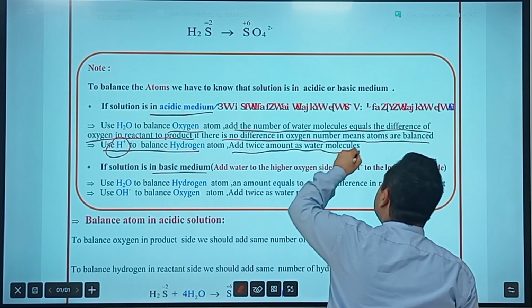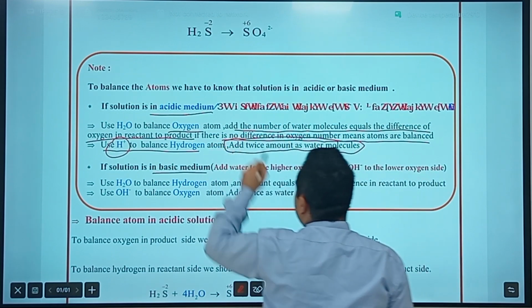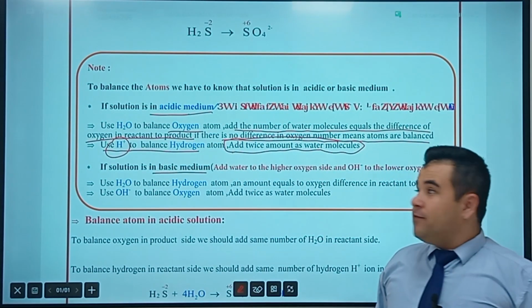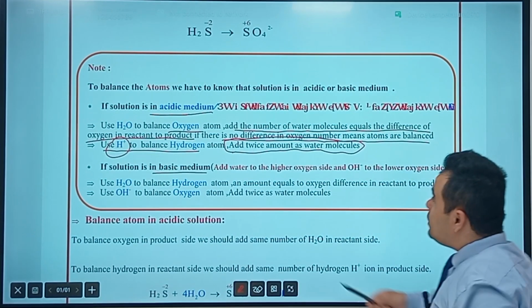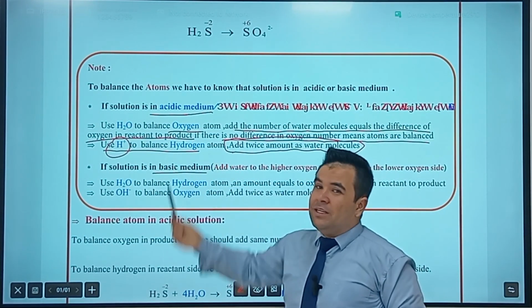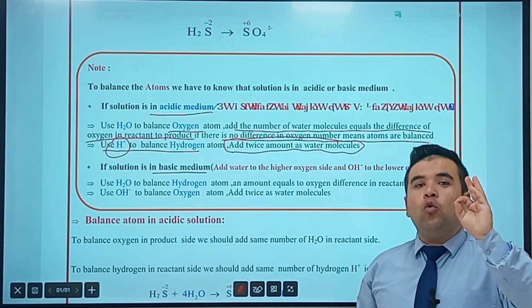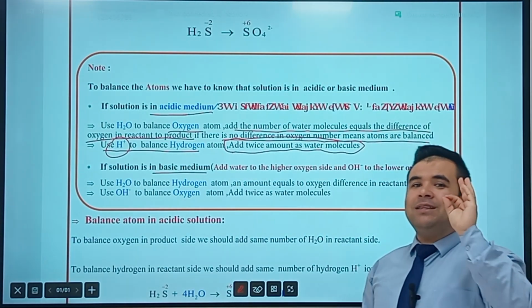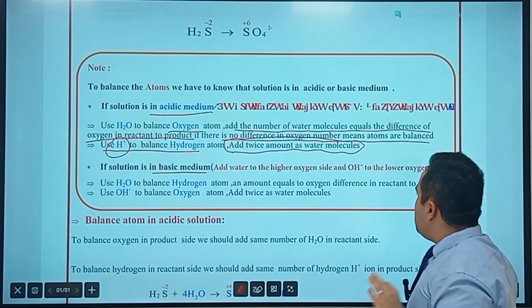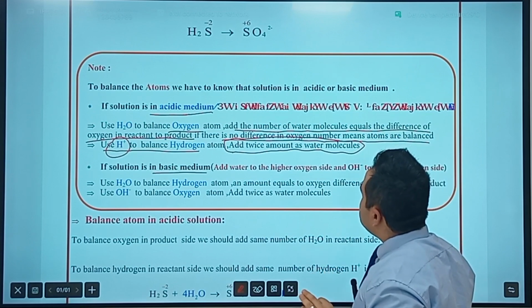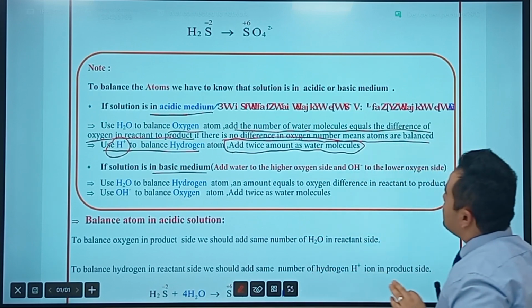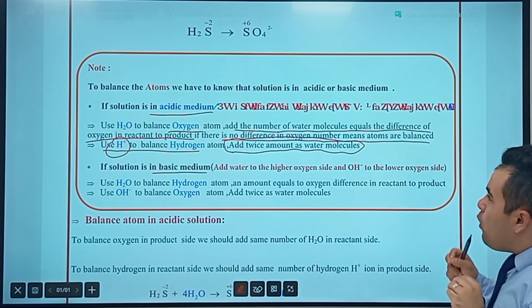Add twice the amount of water molecules, on the other side. We add water to the side that contains the lower oxygen, and the proton to the other side.